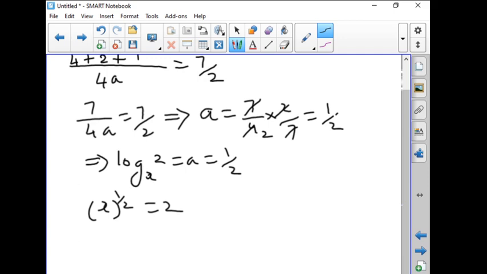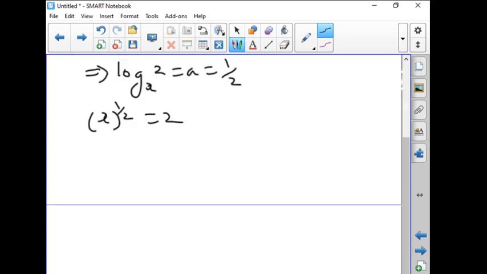Therefore, this is nothing but square root of x is equal to 2. So squaring both the sides, x is equal to 2 square, which gives you 4. Okay. So hope all of you have understood this.